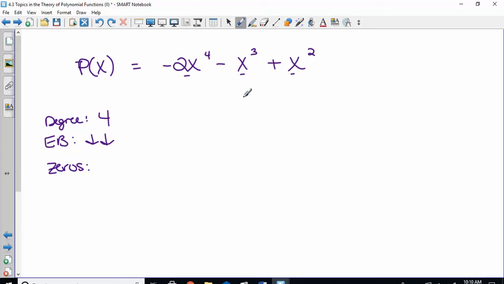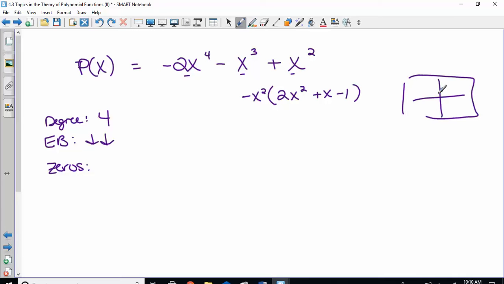Looking at this, what could you take out of everything? I'll just take out negative x squared. So if I pull that out, that gives us 2x squared plus x minus 1. What could you do here? 2, add, we get a positive 1.